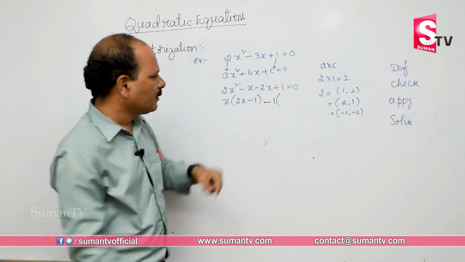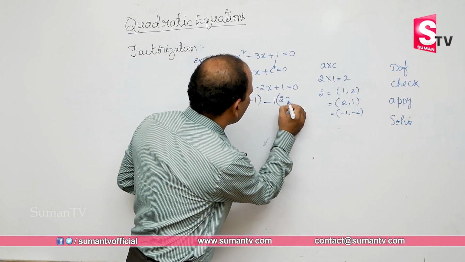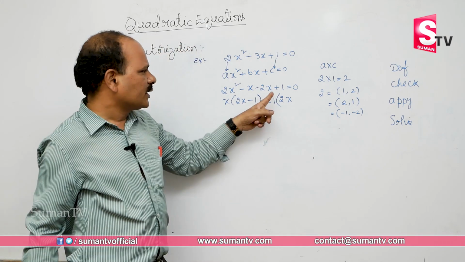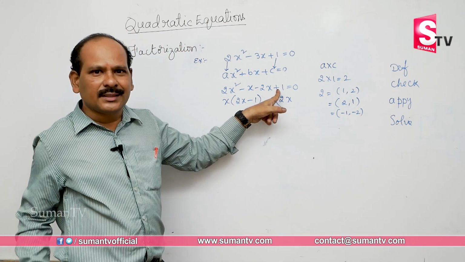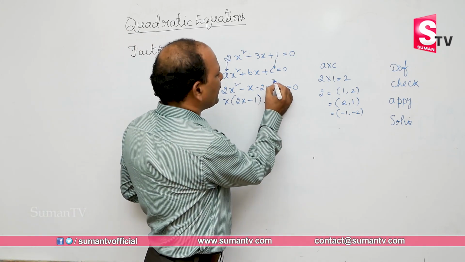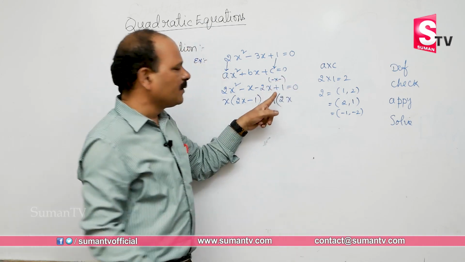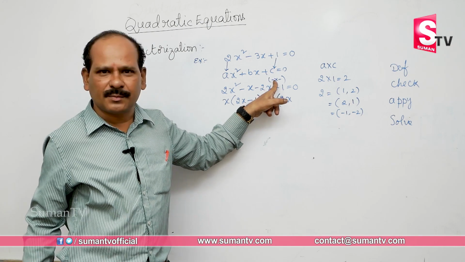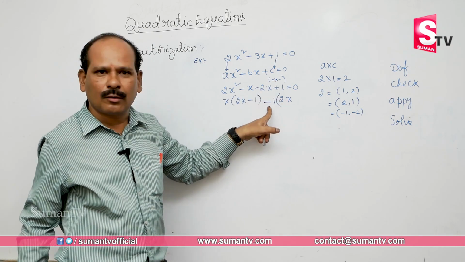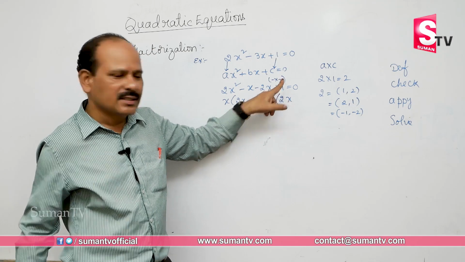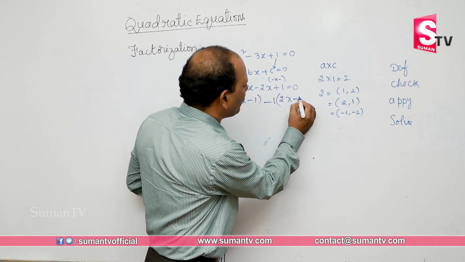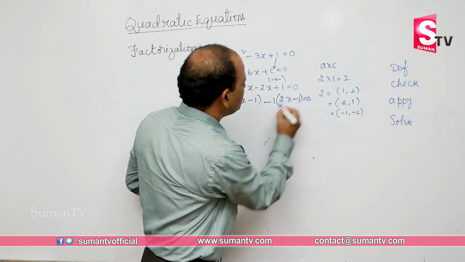Once 1 went common, here 2x, here plus is there. In the plus, you have 2 minus symbols. Minus into minus will become plus. Every plus symbol has 2 minus symbols. One minus went common, so another minus is there. That minus 1, minus into 1, is equal to 0.